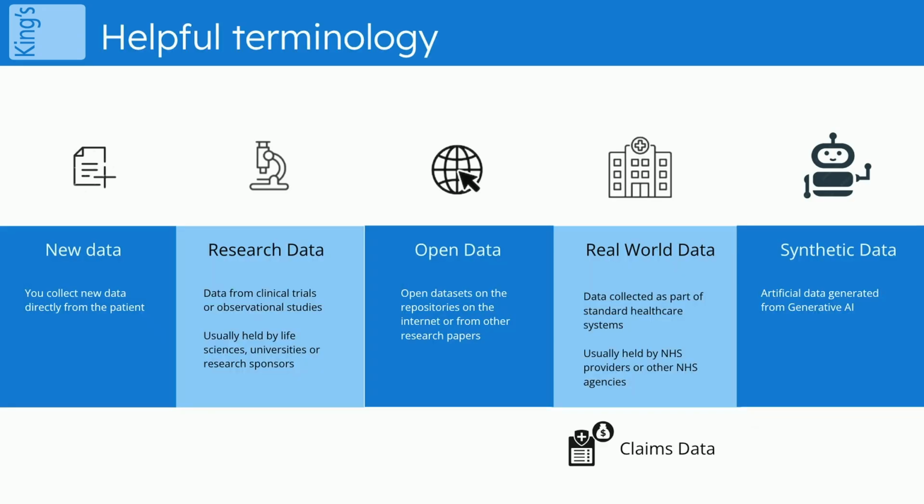And this is the helpful terminology I've used, and obviously within this audience, perhaps you may be more familiar with working with new data, i.e. data that you manually collected painfully yourself, or research data from research data sets, or from trials or particular research studies. But there are obviously other kinds of data sets, and most big data belong in the real-world data category. Real-world data meaning data that's generated as part of routine care or routine activity.